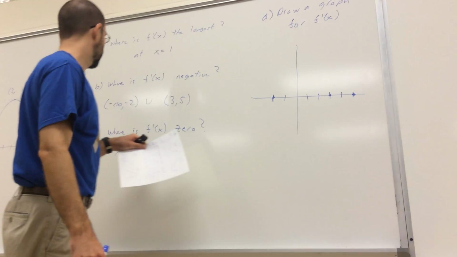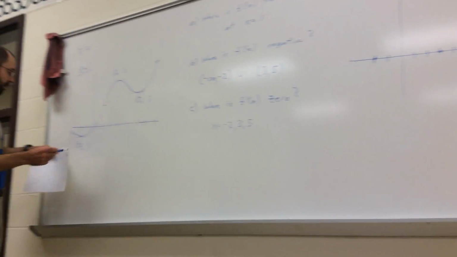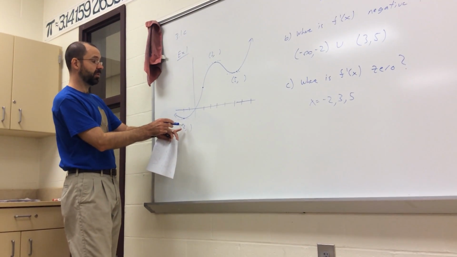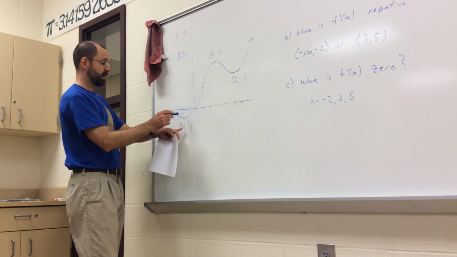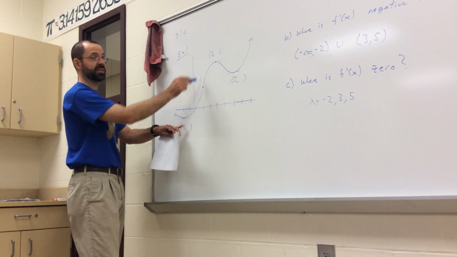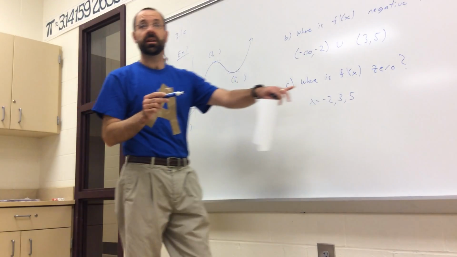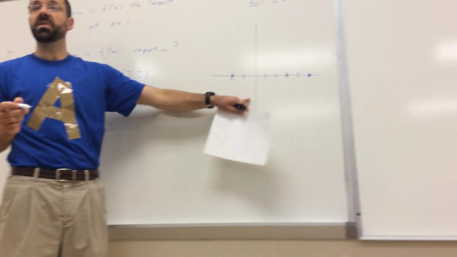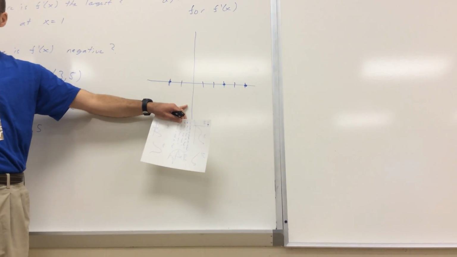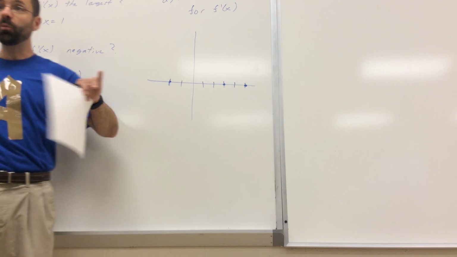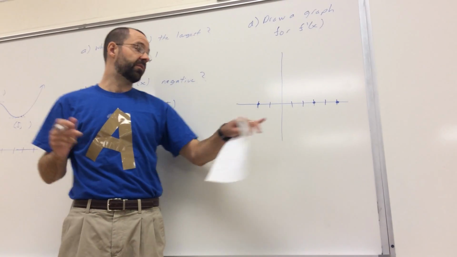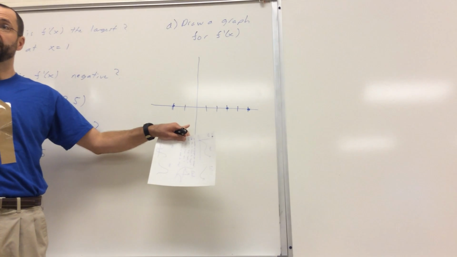Okay, then in between negative 2 and 3, this slope is always positive. So that means over here, the graph needs to be above the x-axis. Because if the slopes over there are positive, the values over here need to be positive.